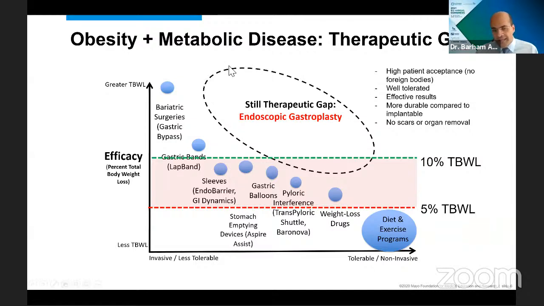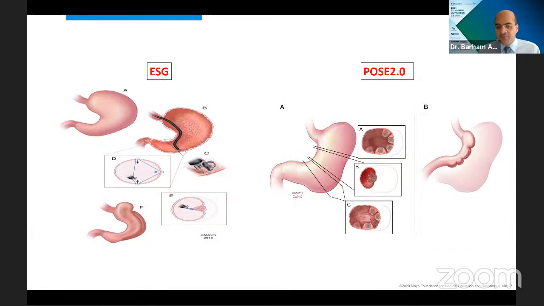So the hope for gastroplasty is we're operating at the level of efficacy close to bariatric surgery, not the same, but close, with a safety profile similar to the endoscopic and the non-invasive interventions that we have. And with that, we have two main procedures right now that are gaining significant momentum globally.